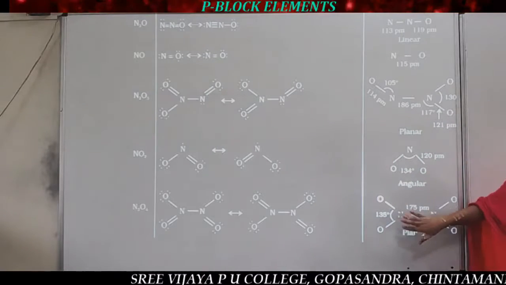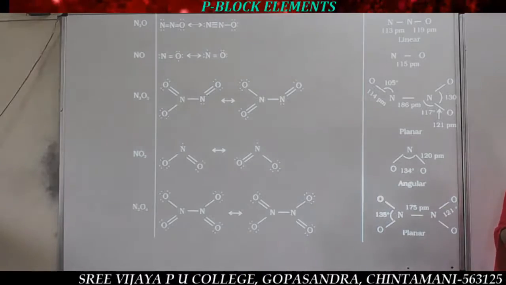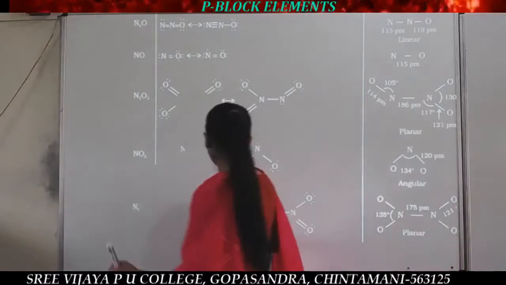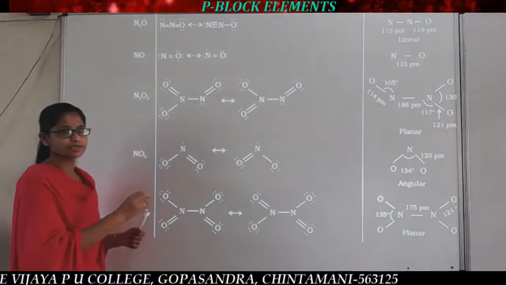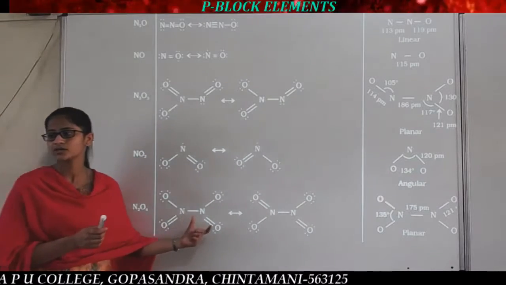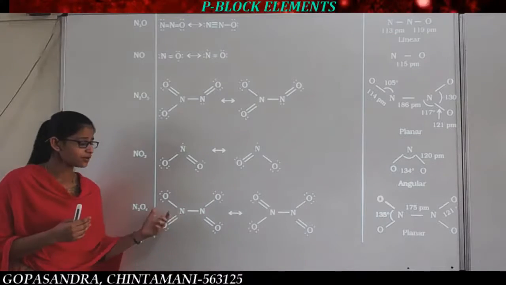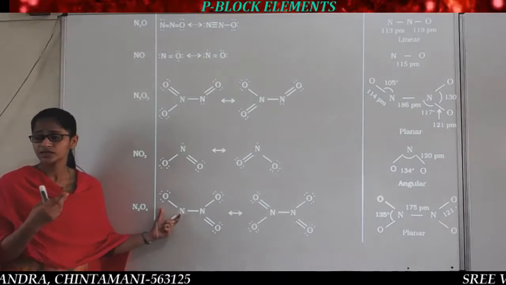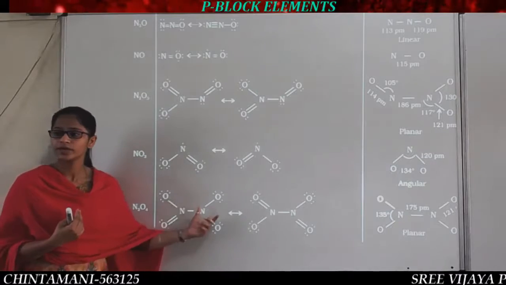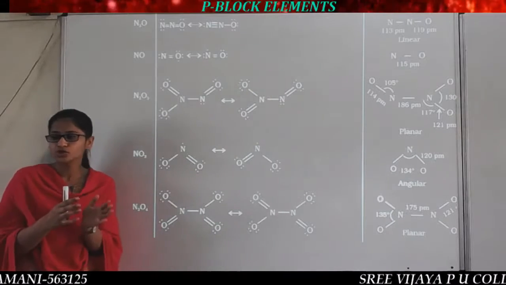Okay, the next oxide of nitrogen is dinitrogen tetroxide. It has a resonating structure. Last class we studied the details of the formation of resonating structures: how to convert by taking a pair of pi electrons or a lone pair of electrons, and how they get distributed.